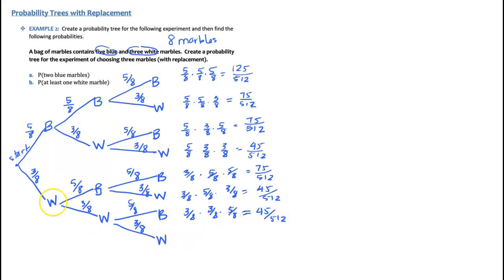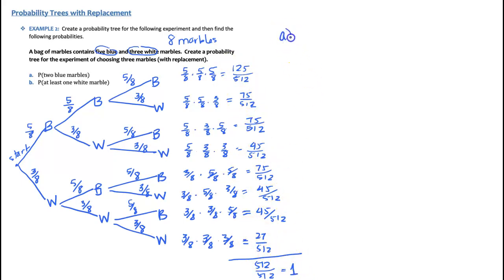And the very bottom eighth branch represents white, white, white, or 3/8 times 3/8 times 3/8, which gives a total of 27 out of 512. If you add these totals at the end, you should find that you get 512 out of 512, and that set of branches totals 1.